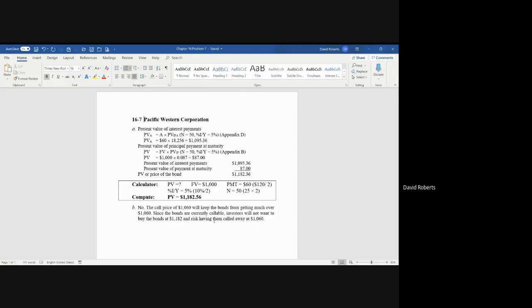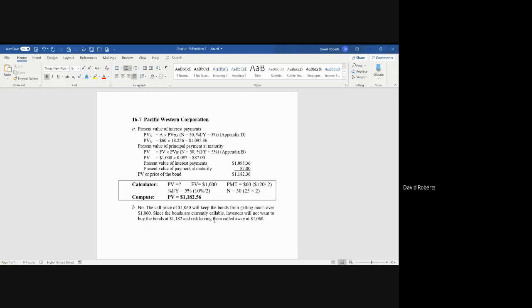So in this particular case, in part B, do you think the bonds will be valued above the call price of 1,060? The call price is the price that the corporation is willing to pay you. The call is where the corporation decides they're going to pay off their debt early.